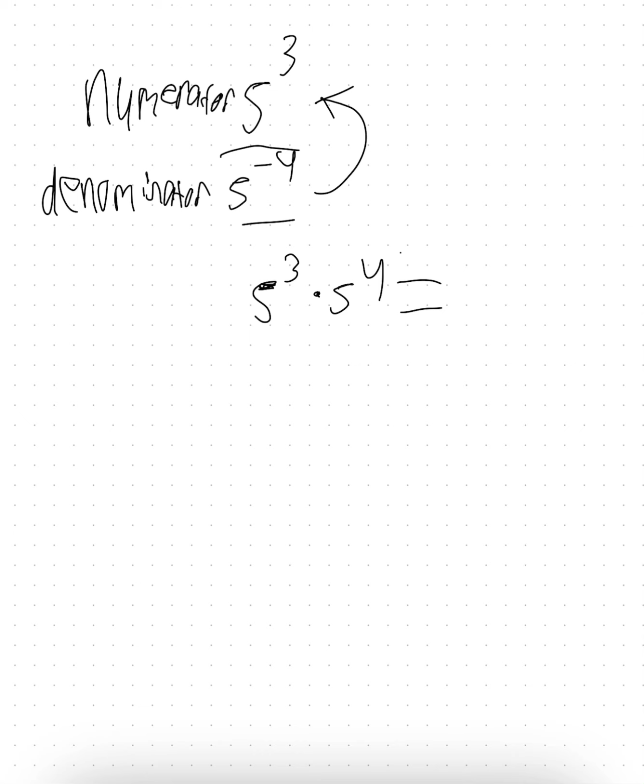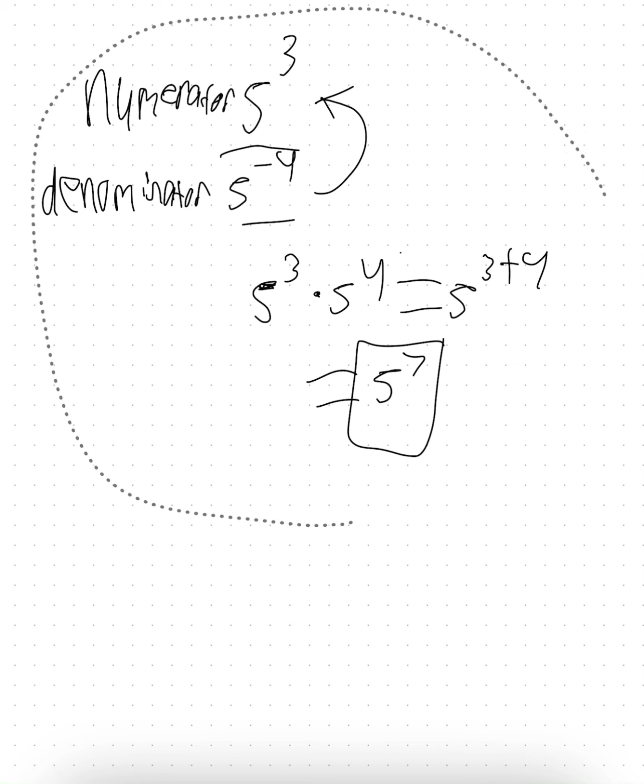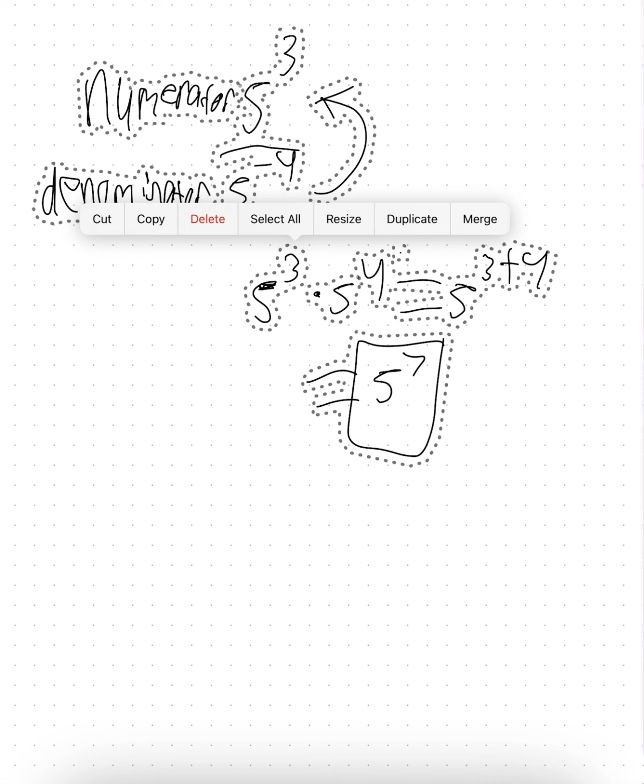Now, our adding or multiplication property, we just do 5 to the 3 plus 4, which equals 5 to the 7th. If you're struggling to remember these properties, you can write them down if you want, because this can be a lot to memorize.